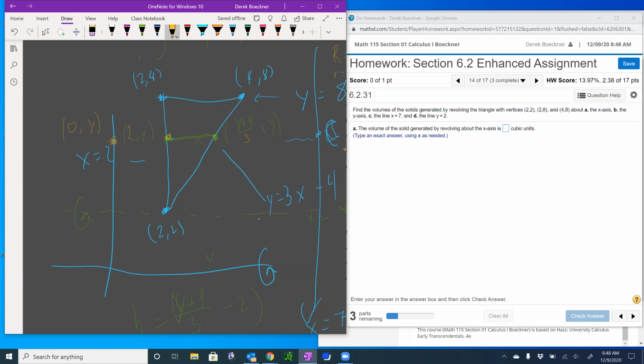My washers look like this now. So there's my inner radius, there's my outer radius. My outer radius, the big x coordinate is this one, the little x coordinate is 0. So R is going to be y plus 4 over 3 minus 0. But little r is going to be 2 minus 0.